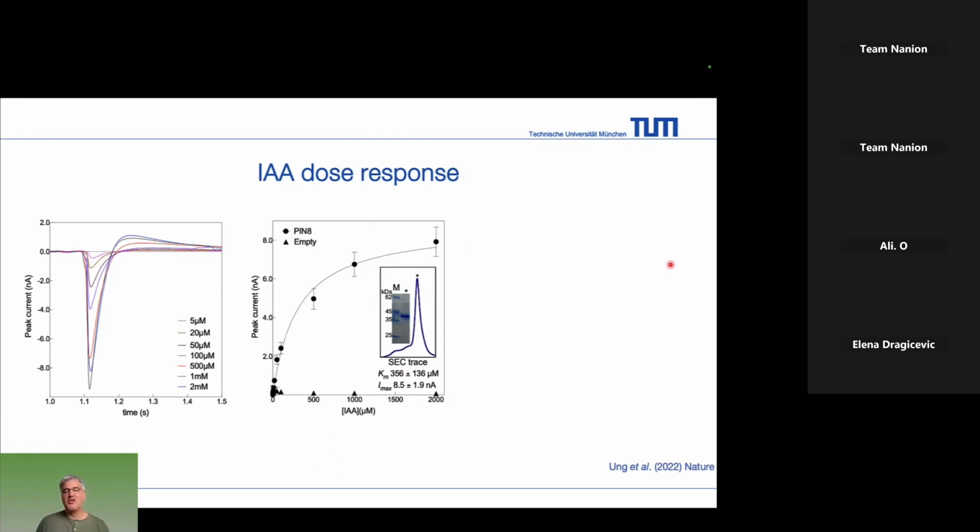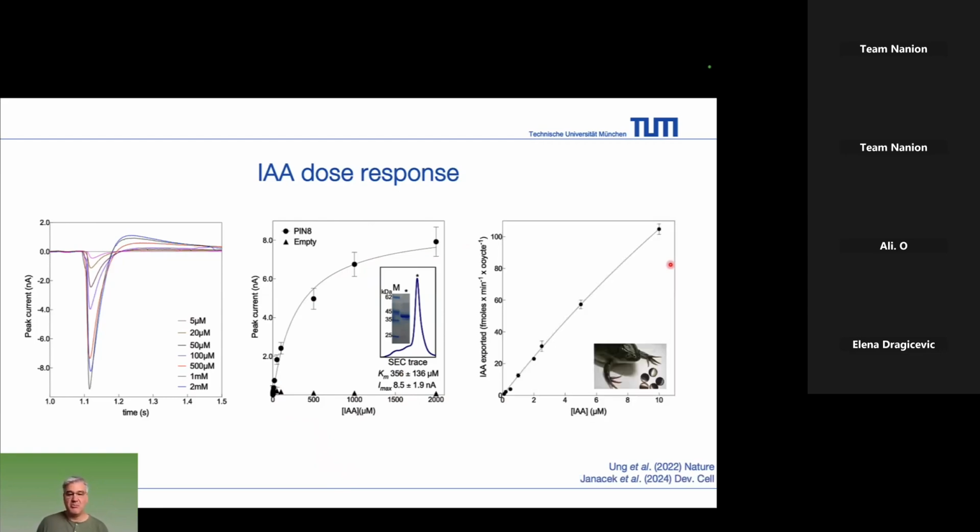This was super surprising to us because before we had done characterizations of PIN proteins in Xenopus laevis oocytes, and this here is also PIN8 in Xenopus laevis oocytes. As you can see, we got a linear relationship between the substrate concentration and the export rate. But what you may appreciate is that we only tested here up to 10 micromolar.